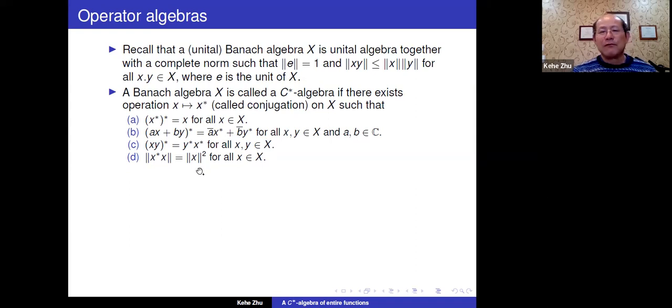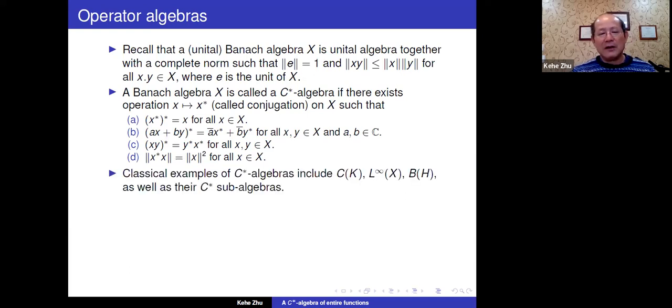For students here, if it's the first time you see star algebras, the most important examples are these. If you have a compact space K, the continuous functions on K form a star algebra. The linear operations are the usual ones, you can multiply two continuous functions to get a continuous function, and the star operation on C(K) is simply complex conjugation.